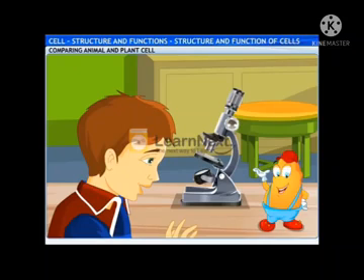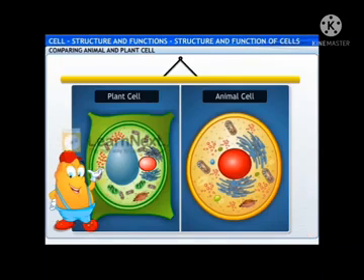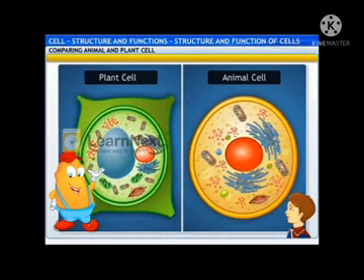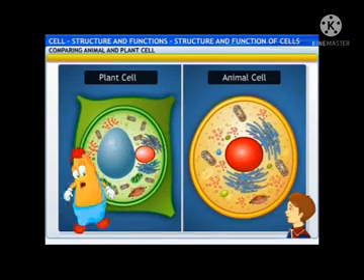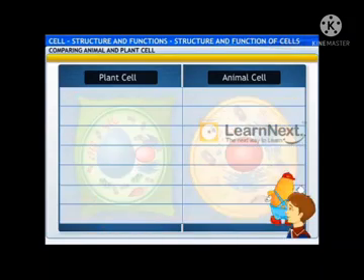How about a recap on the various organelles present in plant cells and animal cells? Sure, Cello. Here is a chart of plant and animal cells. Let us compare the organelles of both the cells. There is a nucleus in both the cells. Hold on, Victor. Let me draw a table to compare plant and animal cells. Sure.